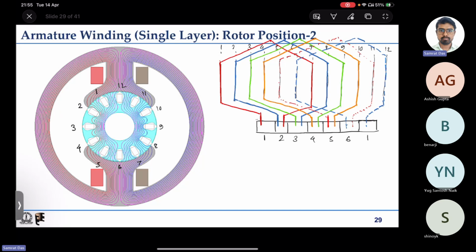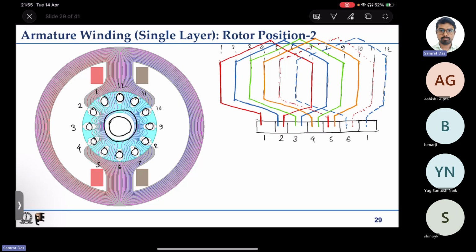So where do we have the commutator? We have the commutator, say somewhere here. Commutator is like this circular, hollow cylindrical body. We have 6 of them, 6 of the segments. So all these slots, I am representing them with some circles, right?